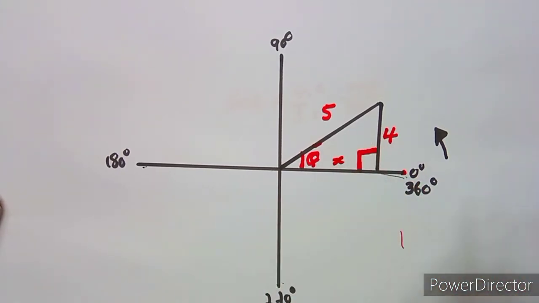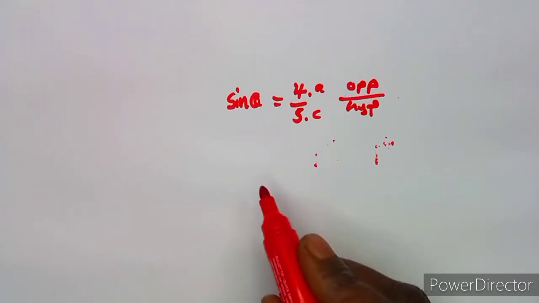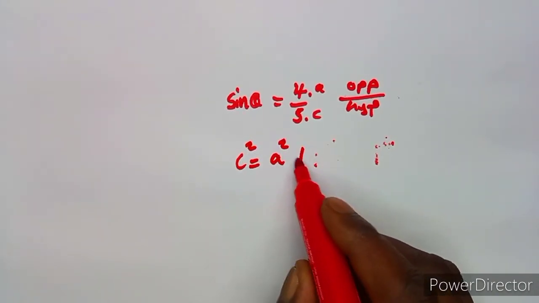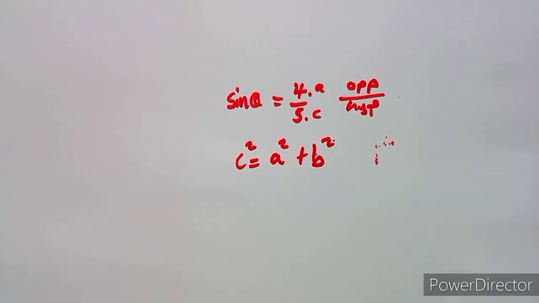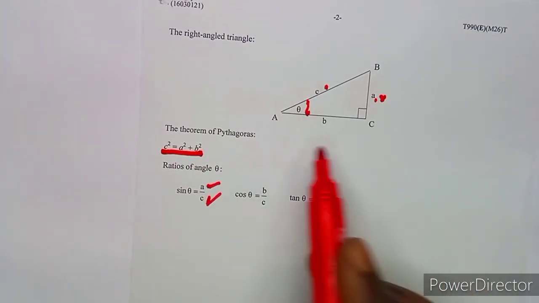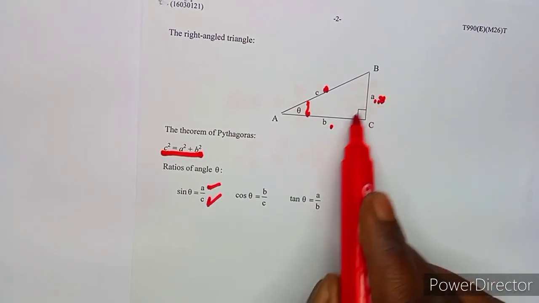So which means we can just apply our Pythagoras theorem. Okay, so remember Pythagoras theorem states that c squared is equal to a squared plus b squared, where c is the hypotenuse. That is the Pythagoras theorem here. So C is the hypotenuse, this side. So A and B, these are the shorter sides.